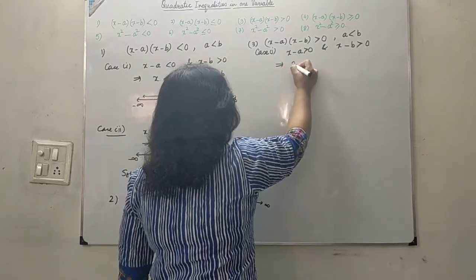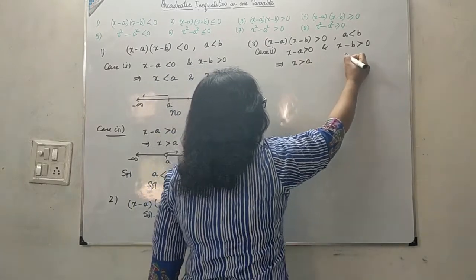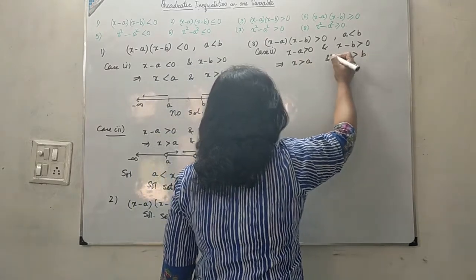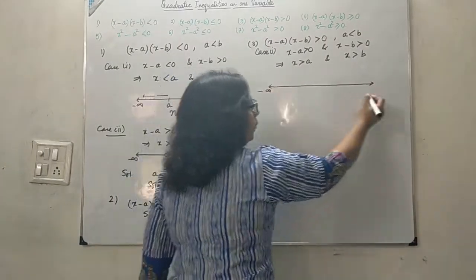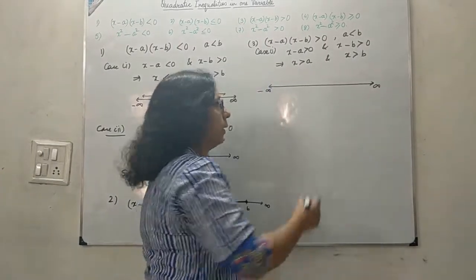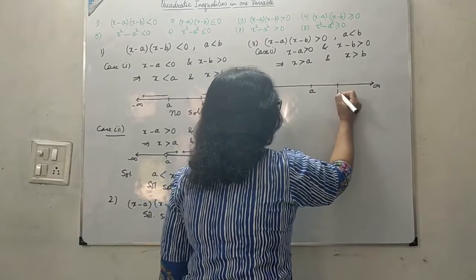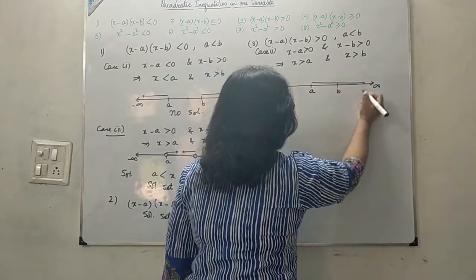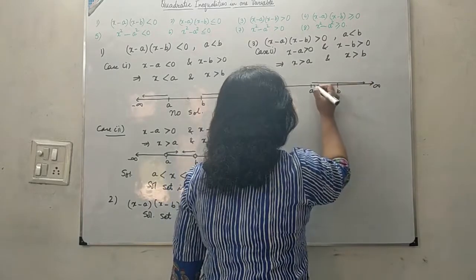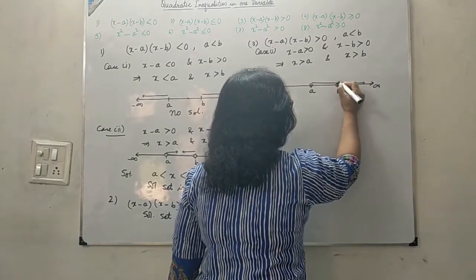Now, in this case, x is greater than a and x is greater than b. See on the number line, we have x greater than a where a is a lesser number than b. Greater than a is this solution and x greater than b is this solution.